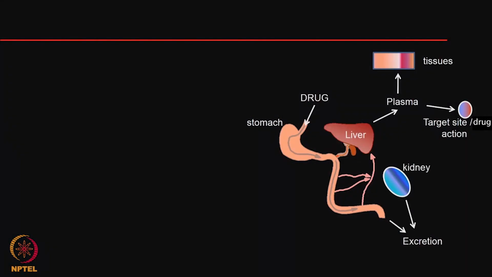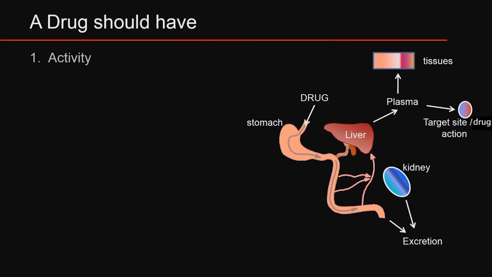Because it is taken inside the human body, it is consumed by all of us mostly orally, because a large number of drugs are consumed orally when compared to intravenous or intraperitoneal. So the drugs should have good activity, and it should have a selectivity for a single target.